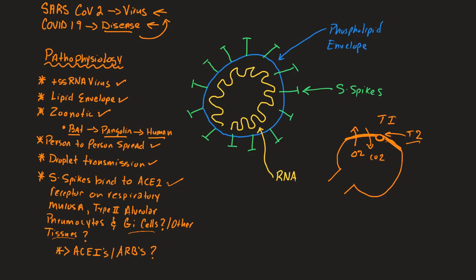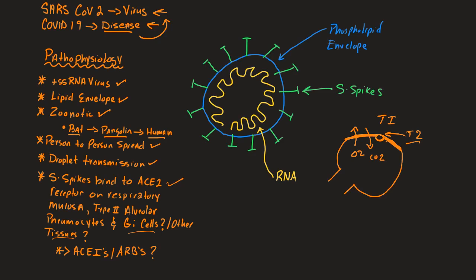I'm not entirely sure what's going on at this point. And we also have some cardiovascular complications that can occur in patients, and that may or may not be related to ACE2 receptor on those tissues and the virus penetrating and infecting those cells.